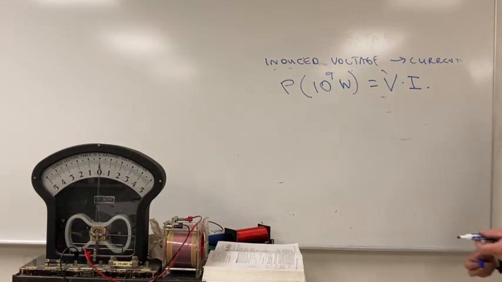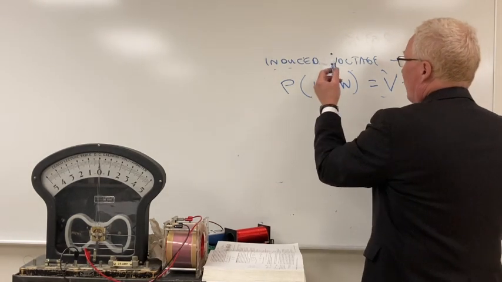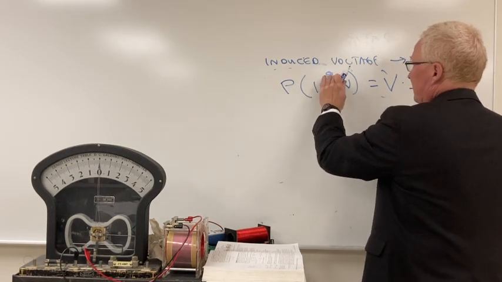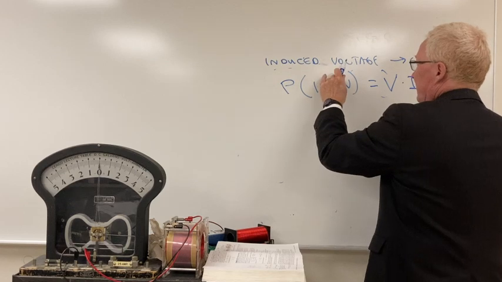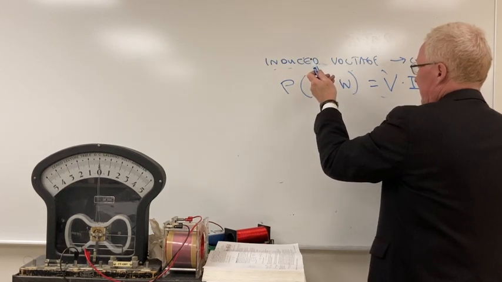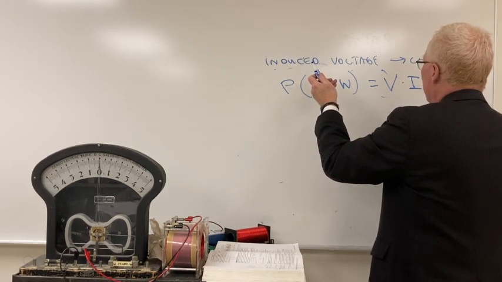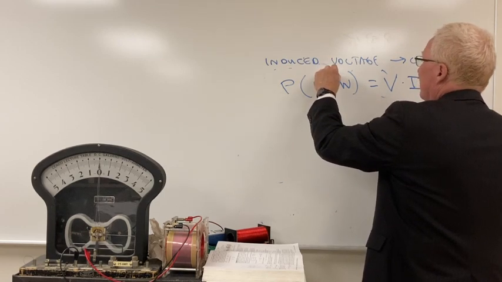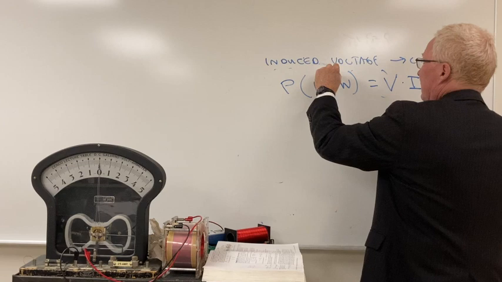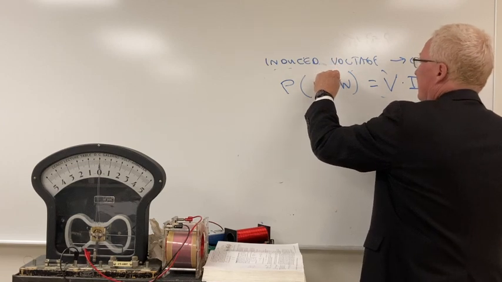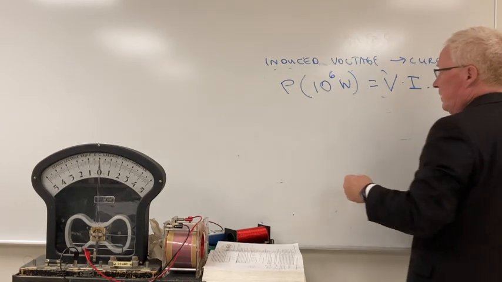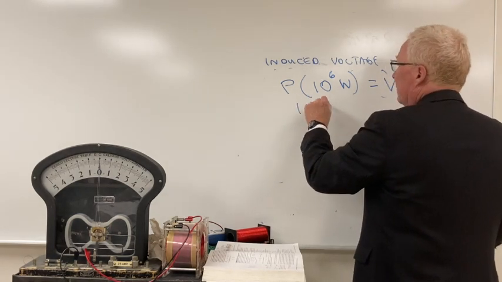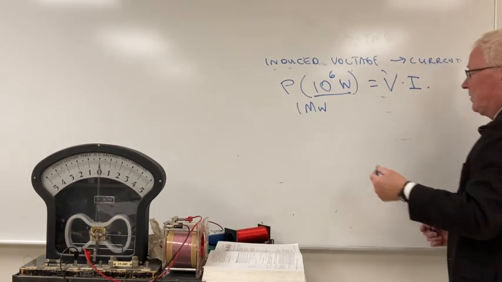All right, so if you have, say, a gigawatt of power, let's do something a little easier to deal with. Let's deal with 1 megawatt, which is 10 to the 6th watts of power.